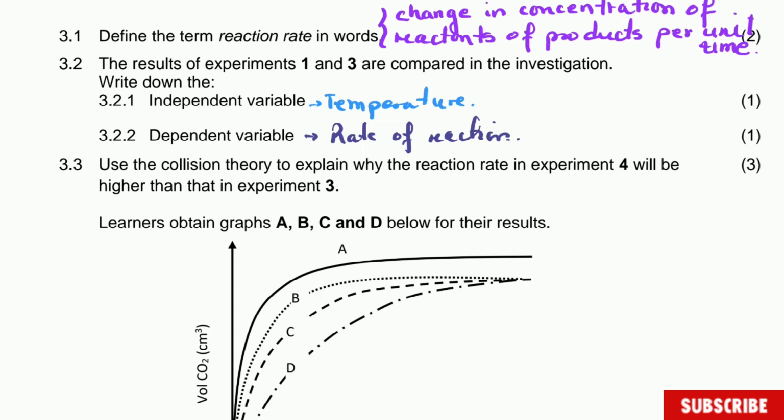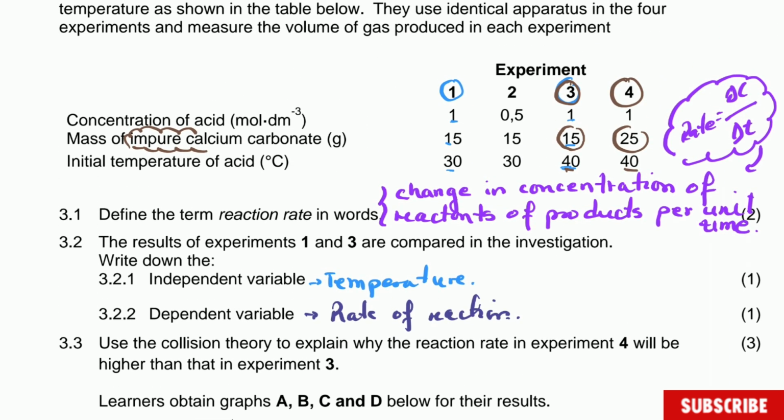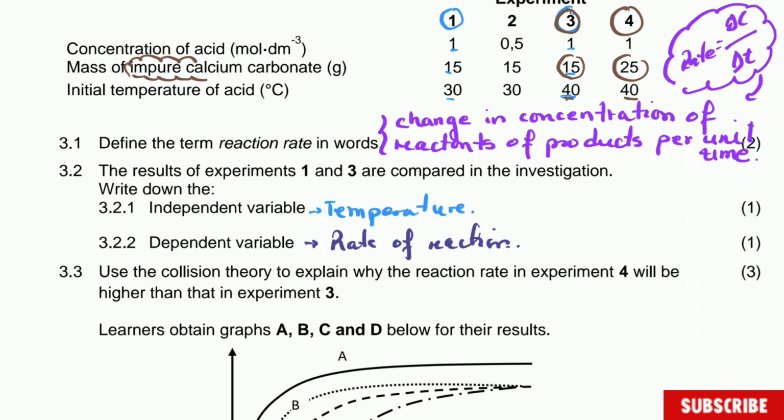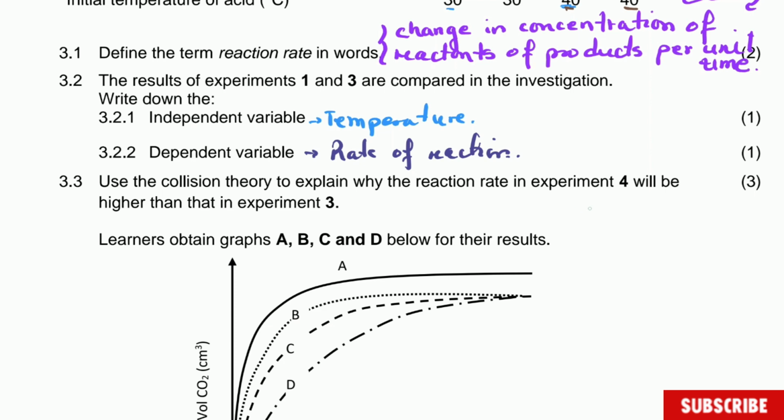So for this question, as it is impure calcium carbonate, when you add more impure calcium carbonate, there will be more surface area, because in actual fact there will be more calcium carbonate to collide with the other substance. As you increase the amount of impure calcium carbonate, you're increasing the surface area. So let's quickly answer 3.3.